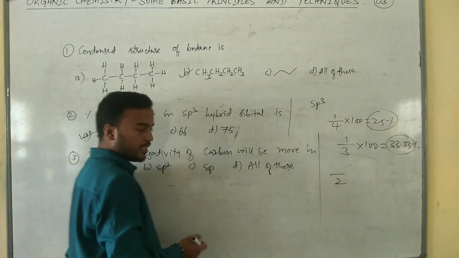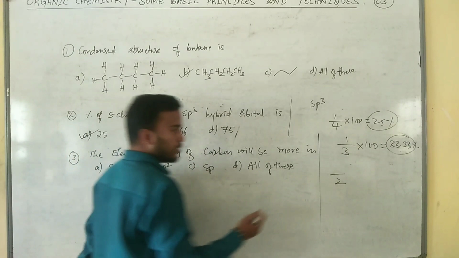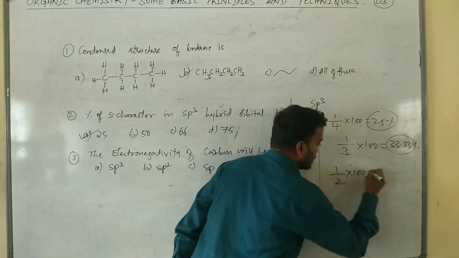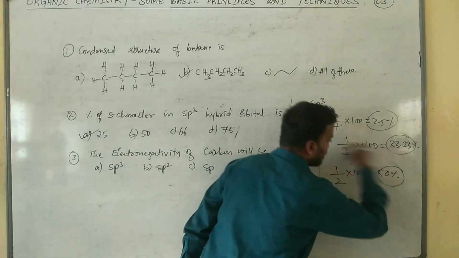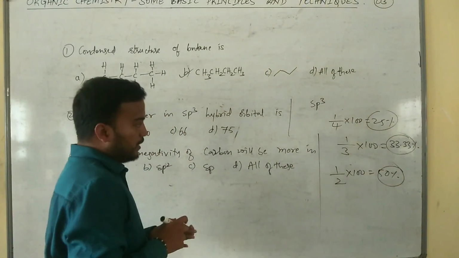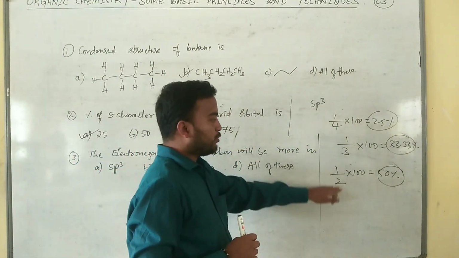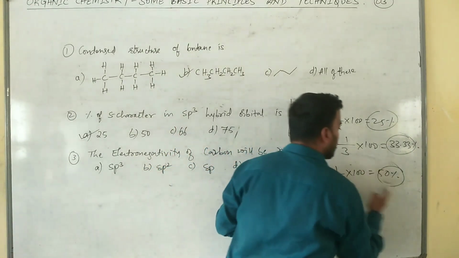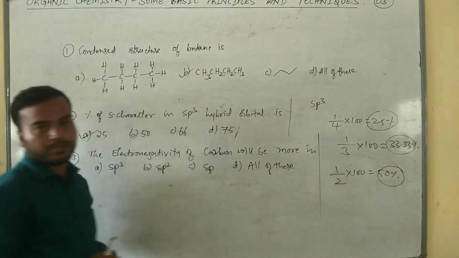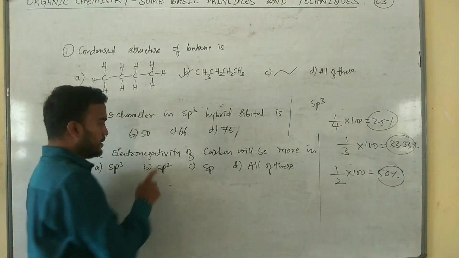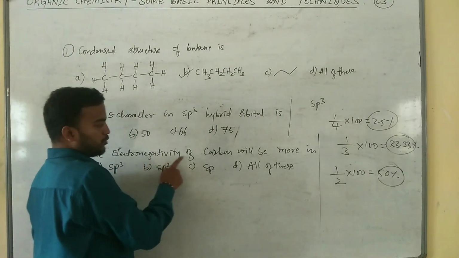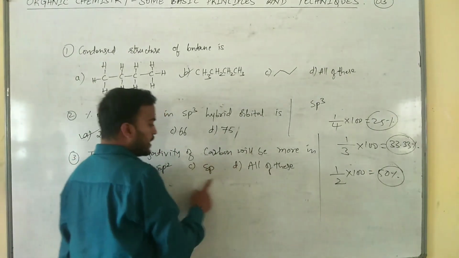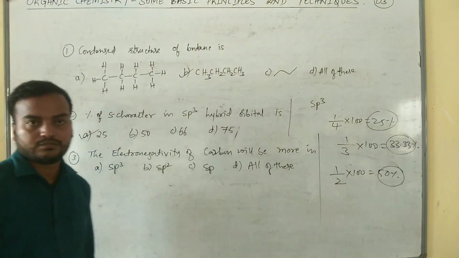Out of 2, we have only one S hybridized orbital, into 100. So the percentage of S character will be 50. So if we compare sp3, sp2 and sp hybridization, the percentage of S character will be more in sp hybridization. Hence, the electronegativity of carbon will be more in sp hybridization. Thank you.